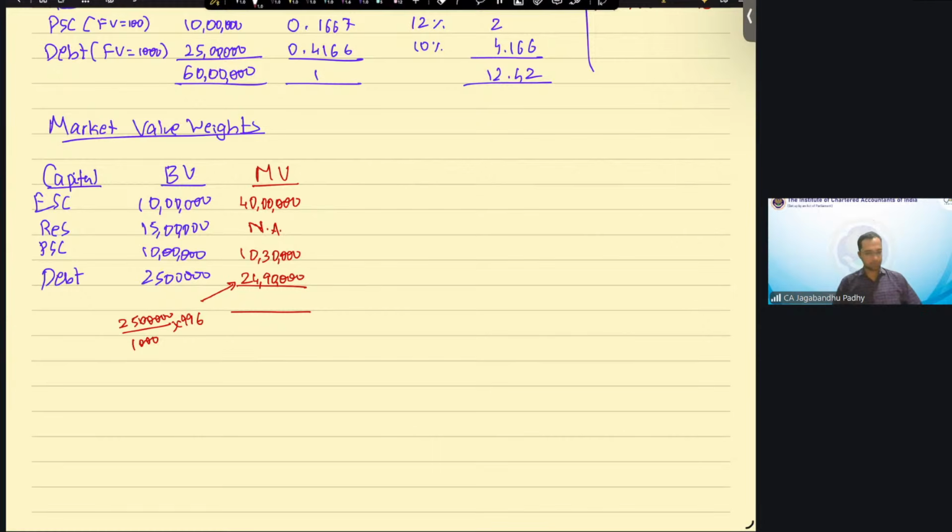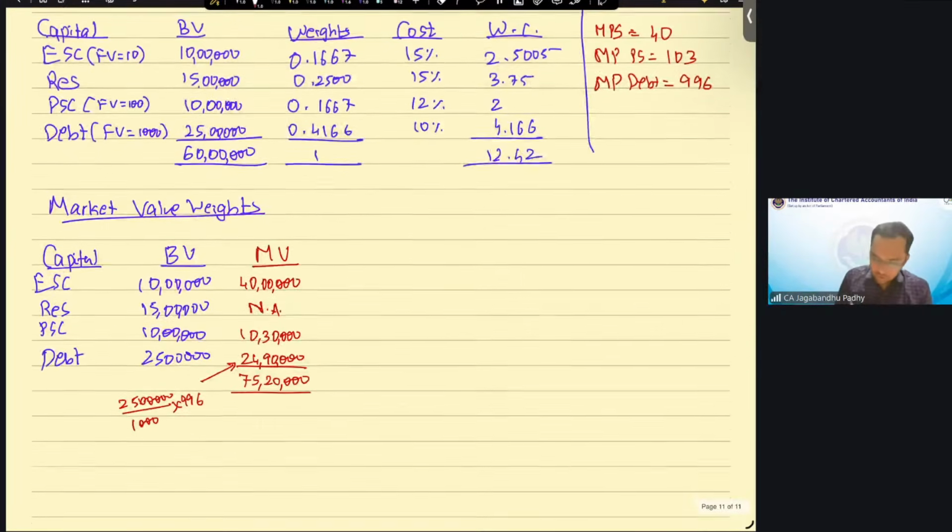And now we get the total. So total capital as per market value is 40 lakh plus 10 lakh 30,000 plus 24 lakh 90,000, which is 75 lakh 20,000.